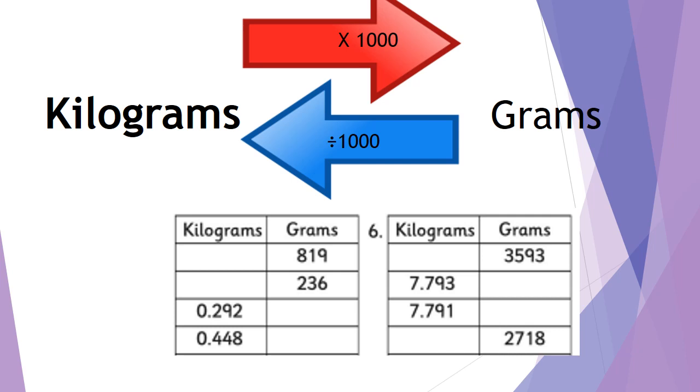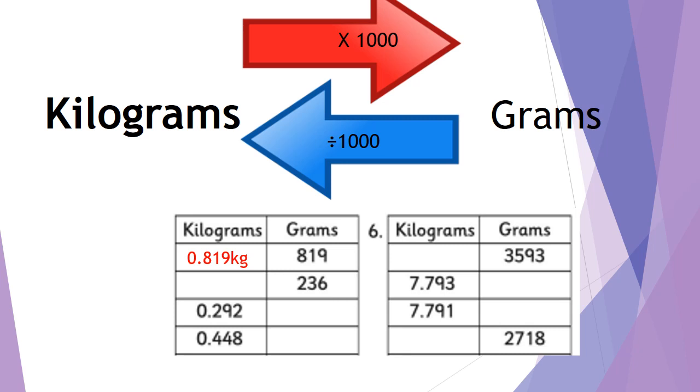So 819 would become 0.819 kilograms. The unit of measure at the end refers to how much there is before the decimal. So there are 0 kilograms, 819 grams. Okay, so it's 0.819 kilograms.